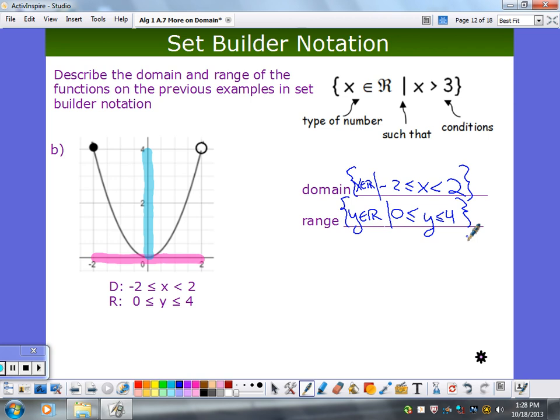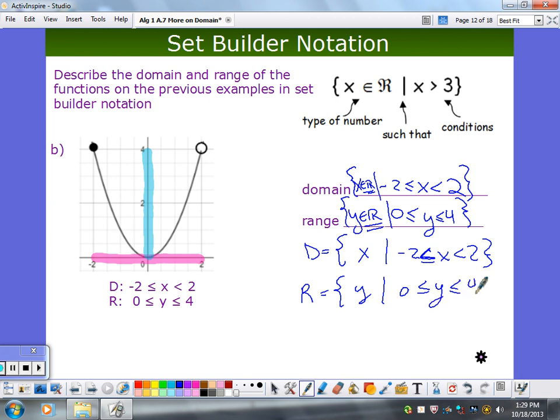Okay, so what I was talking about before, being a real number is a default value. I could have written the domain this way. And I could have written the range this way. What's different between what I did here and what I did here?